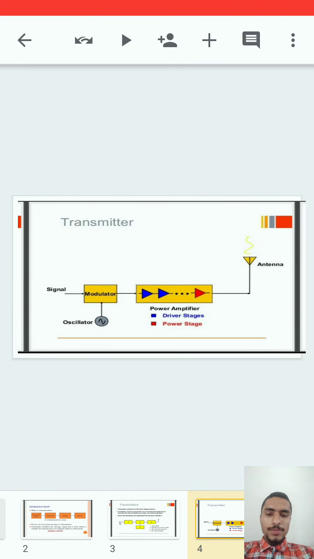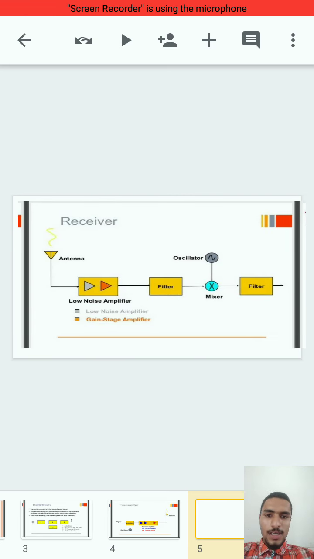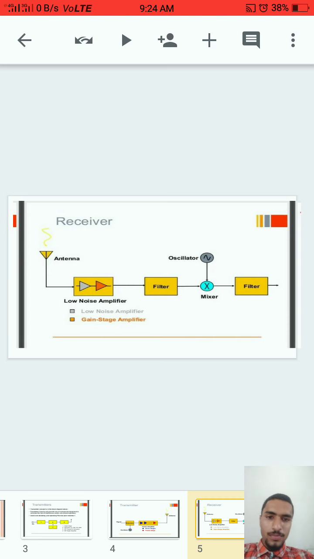Transmitter: signal to modulator, oscillator, power amplifier, driver stage and power stage, and antenna. Receiver: low noise amplifier, gain stage amplifier, filter, mixer, filter and oscillator, and antenna.